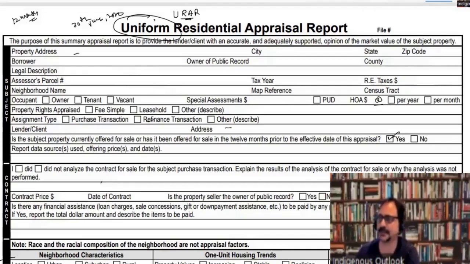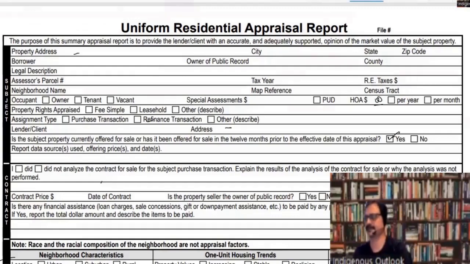If the property being refinanced had previously been listed for sale, how will we get to know when it was listed? Most of the time the appraiser is going to mention here when the property was listed for sale, on this date, on this date, and they might attach proof of listing, in which county or in which office.